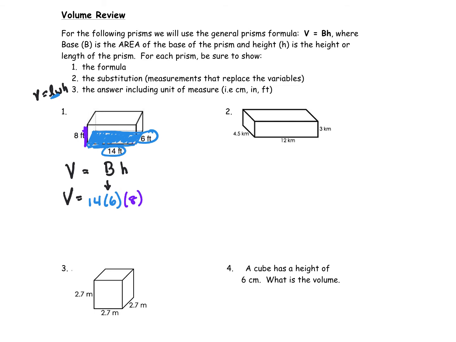So pause and use your calculator and find this volume measurement. And hopefully you have volume equals 672, and the unit of measure is feet. And when we work with volume, we mentioned it's three-dimensional, so we're going to put a 3, or we could say cubic feet. So that's how many cubes are inside this prism.